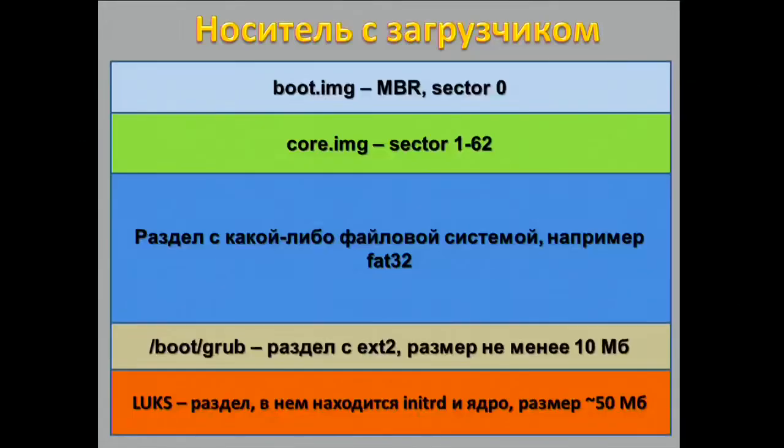So what is the structure? This is a regular flash drive, it has a GRUB, which could be in a file system like FAT32. Also there is the deluxe section, protected with a password.